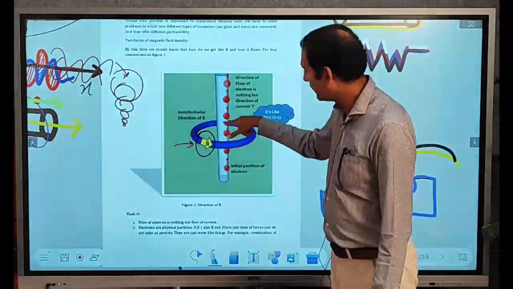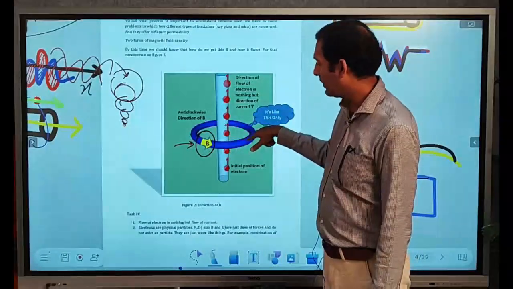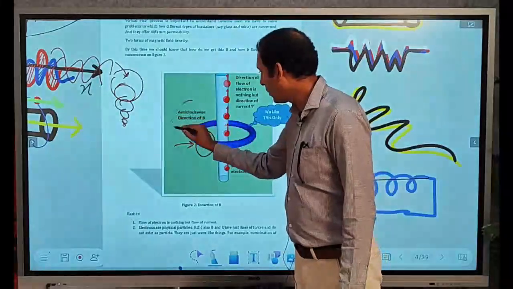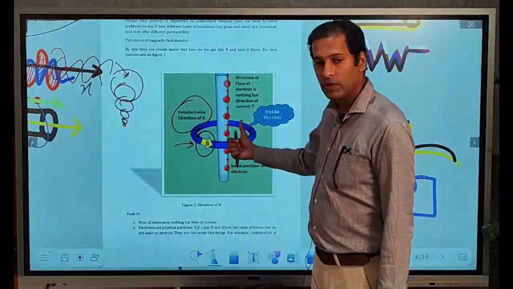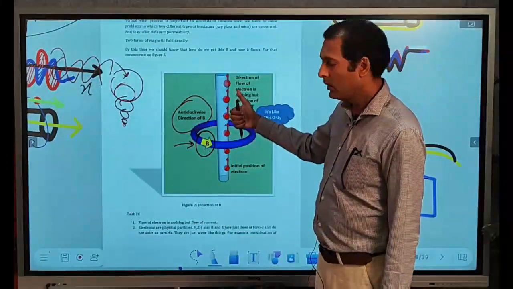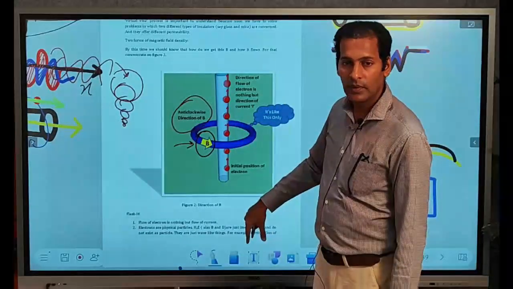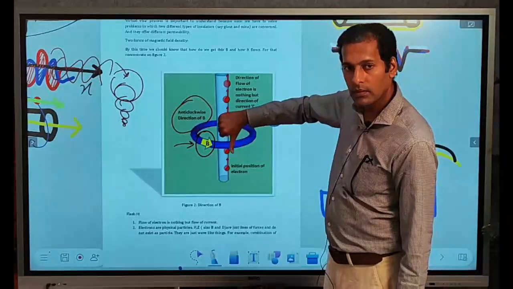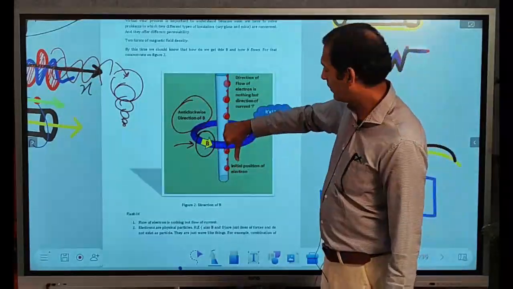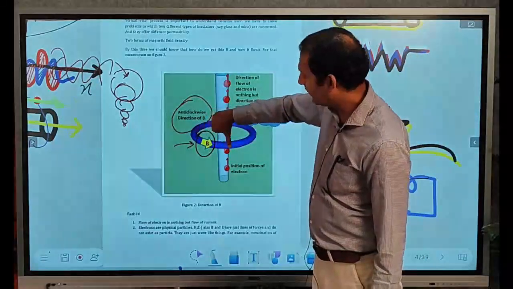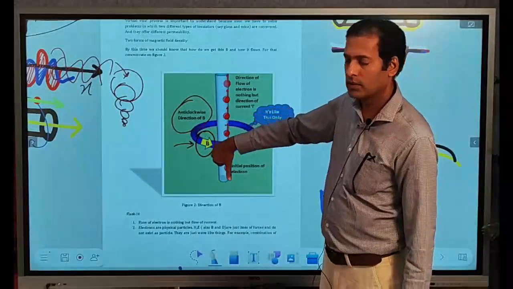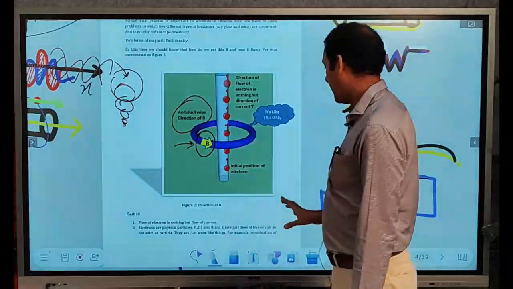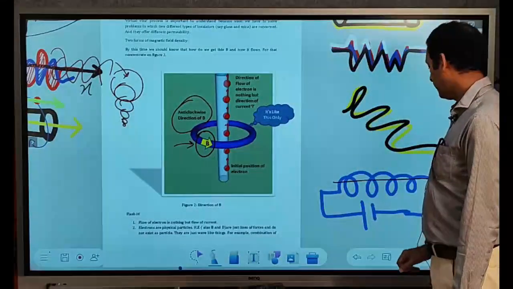So this rotating field around this conductor is anti-clockwise if this current is going up. If current is going down, we consider the thumb down, and the curl will be in clockwise direction. So like this we have to remember the direction of magnetic field.